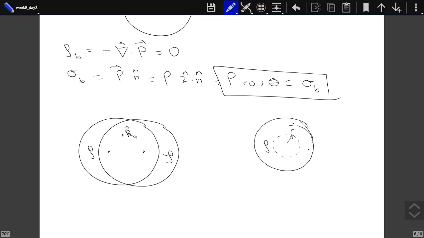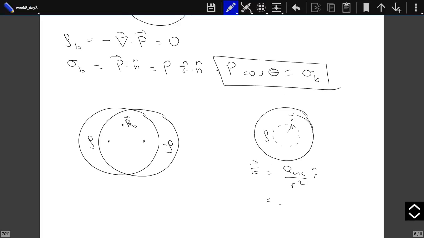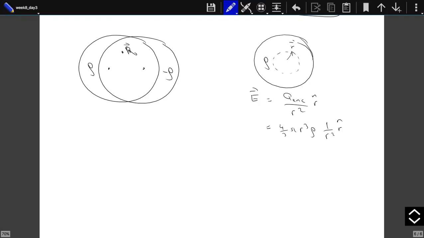And the electric field will be Q enclosed divided by R squared in the R hat direction. Q enclosed is nothing but 4/3 pi R cubed times rho, times 1 over R squared in the R hat direction. R squared and R cubed, we can cancel them. What remains is 4/3 pi rho in the R direction, because R times R hat is the R vector.